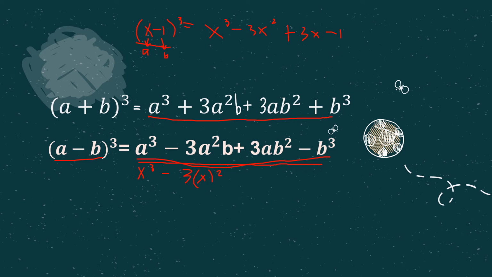Ang B natin is 1 times 1. Okay, plus 3 times x times, ang B natin ay 1 squared. Ayan. Minus, ang B natin ay 1 cube. Yan. So, ngayon, meron na tayo nito.